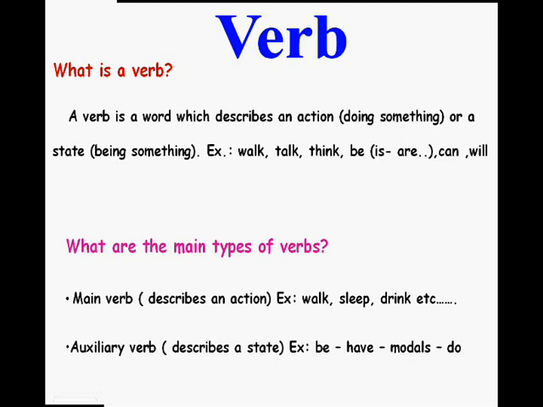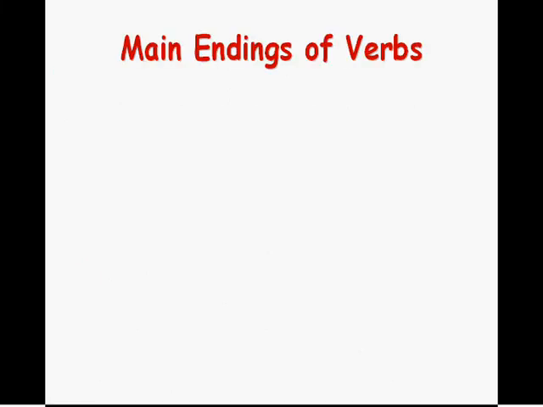This is our main concern in this lesson. We have main endings of verbs. Sometimes, of course, the verbs like walk and think and talk, work, I think these words, you know them. You know that these are verbs. But sometimes we have other verbs and it is hard to know.